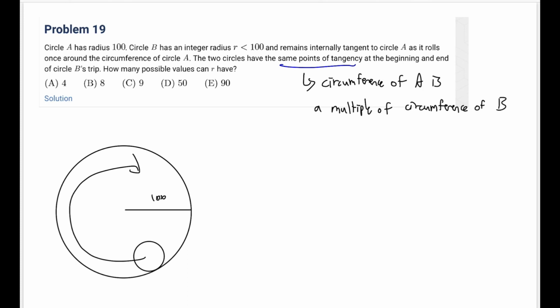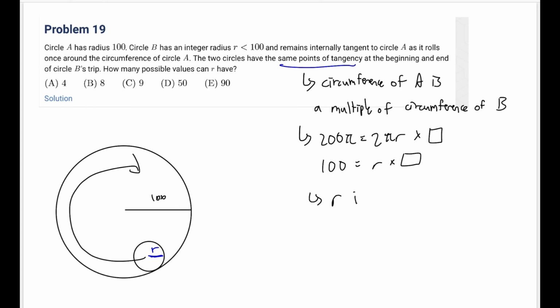Since circle A has radius 100, the circumference of A is 200 pi. This is a multiple of the circumference of B. Okay, so if circle B has radius R, then this is 2 pi R times something, right? So 100 equals R times something.